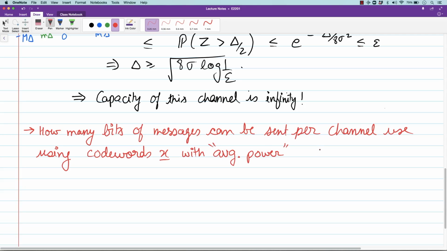We define their average power as this quantity, average power less than or equal to P.